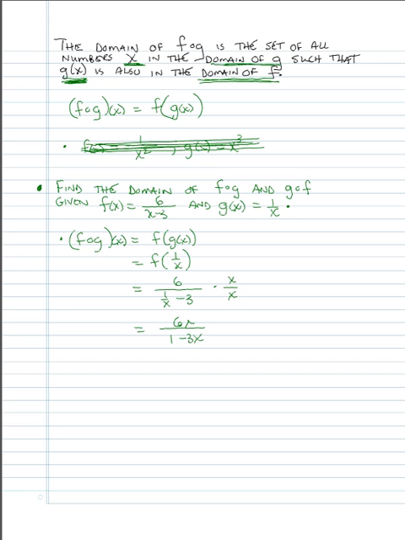Now, if we looked at this function and decided what the domain is using that formula only, what we would worry about is 1 minus 3x. We can't allow it to be 0. We would find what causes that to be 0, and it's x equal to 1/3. And so we might think we can use any x but 1/3.